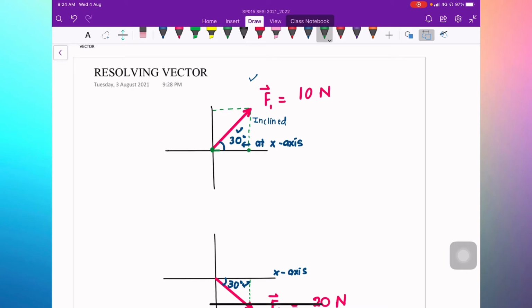So from the origin to the x-axis corner, this is your resolving vector at x. This is the y corner. From the origin to this corner, this should be your y-axis component.